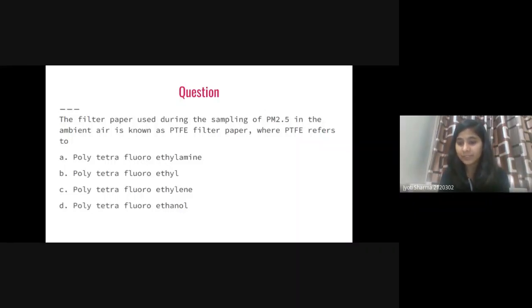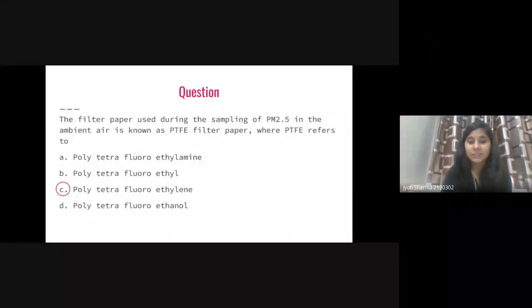Muhammad gave me the C answer. Alka also said C, that the answer should be polytetrafluoroethylene. So yes, the answer is C. This material is PTFE, that is polytetrafluoroethylene.